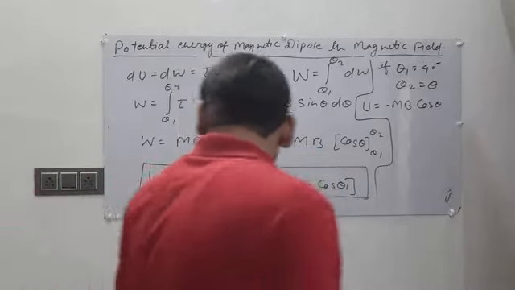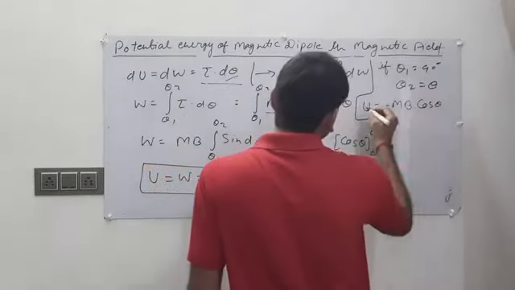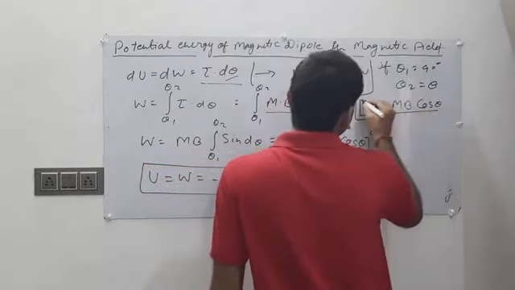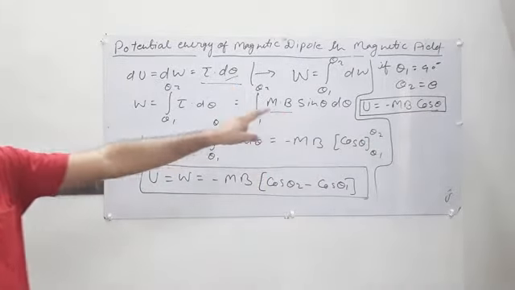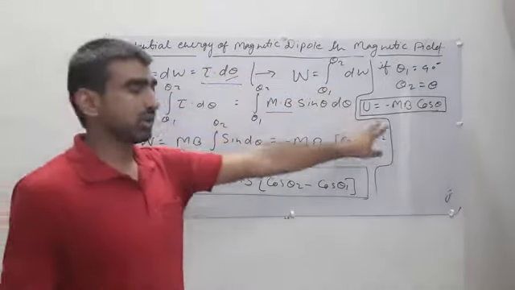So this is our equation of potential energy of a magnetic dipole in a magnetic field.